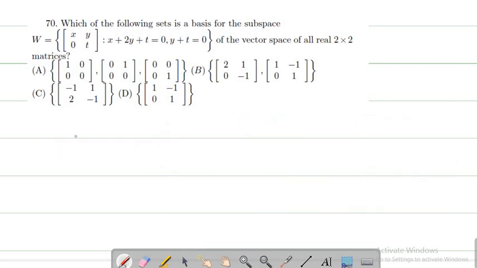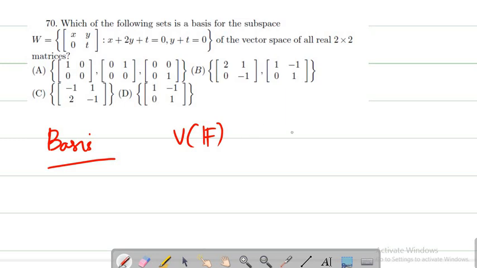We are asked here about the basis of the subspace given to us, namely which of the following is a basis for this particular subspace. That is the question. So what is a basis of a vector space? If you take a vector space V over F, what do you call a basis?